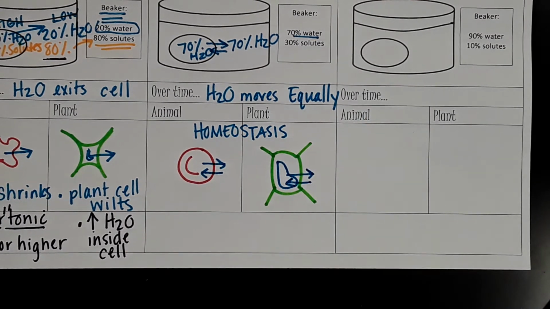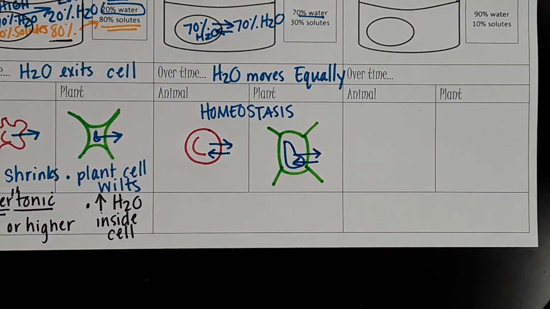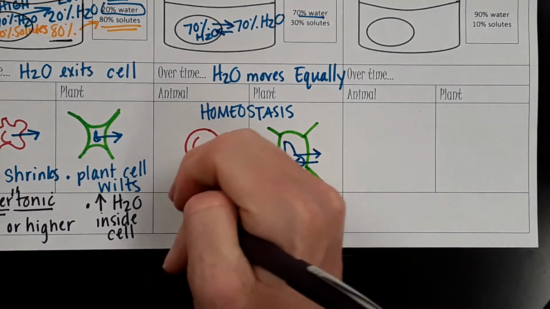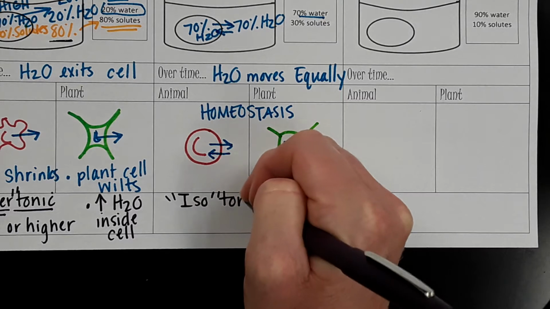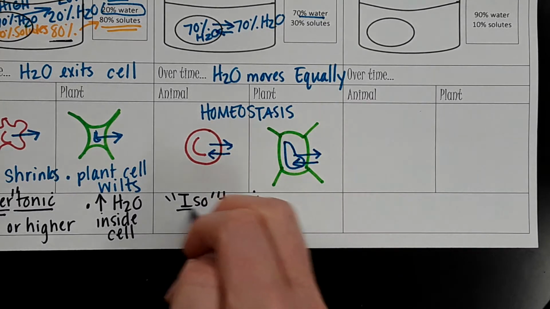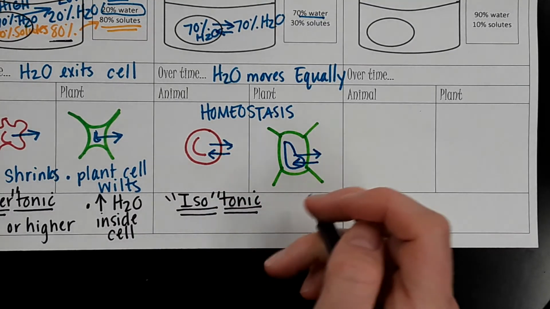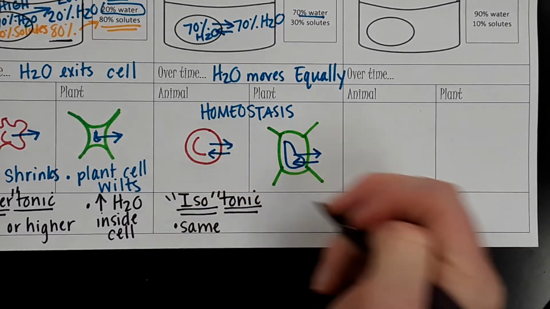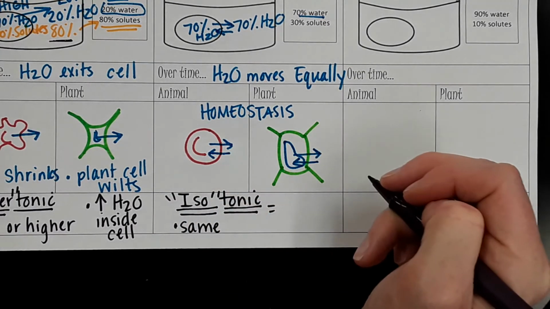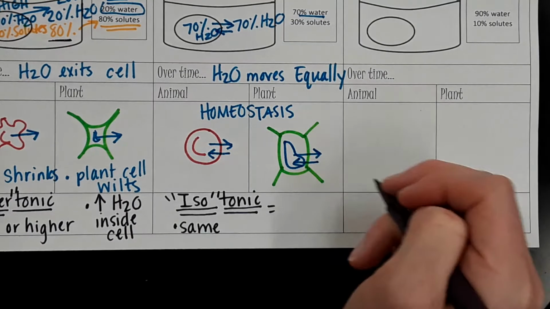And so we call this kind of solution that the cell has been placed in an isotonic solution. So it is isotonic. Isotonic means that it is the same. So iso means the same, like an isosceles triangle. Or do they have the same side length or the same angles?